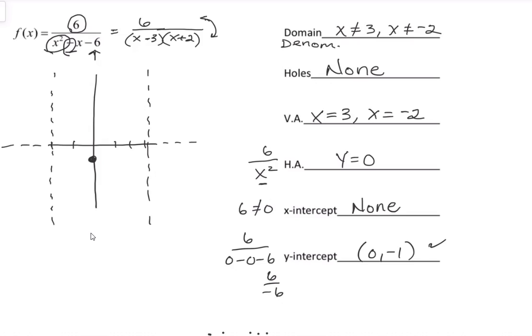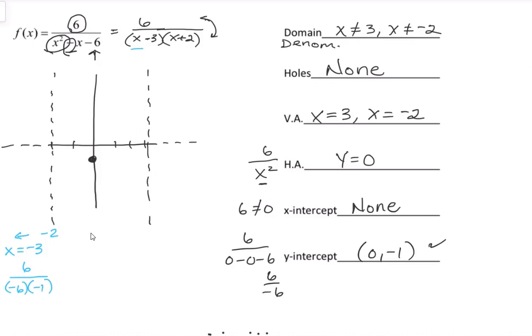If I start on the far left, I've got a vertical asymptote here at -2. So I want to pick some number to the left of -2. I'll use x equal to -3. If I plug -3 into that function, I'm going to have 6 over -3 minus 3 is -6, and -3 plus 2 is -1.